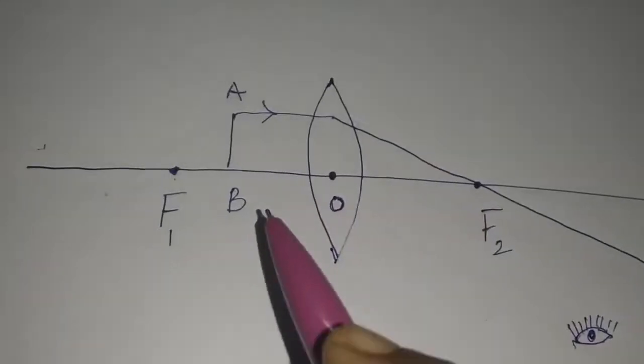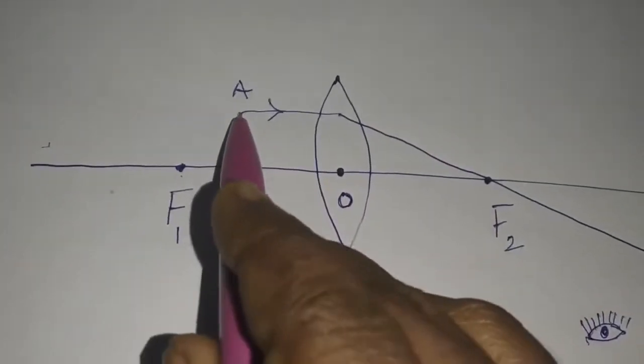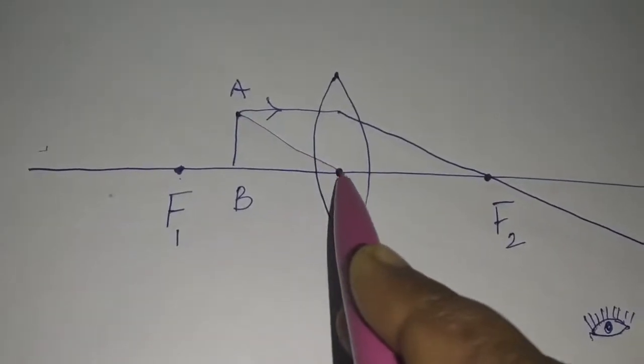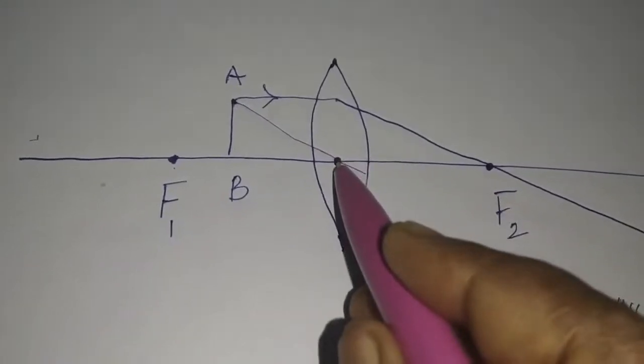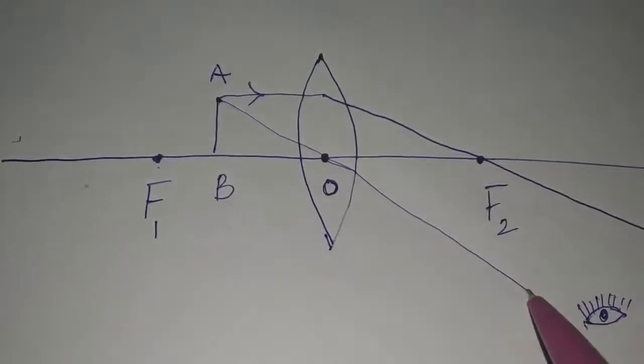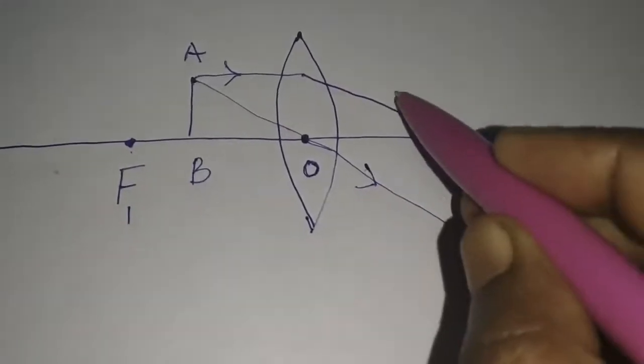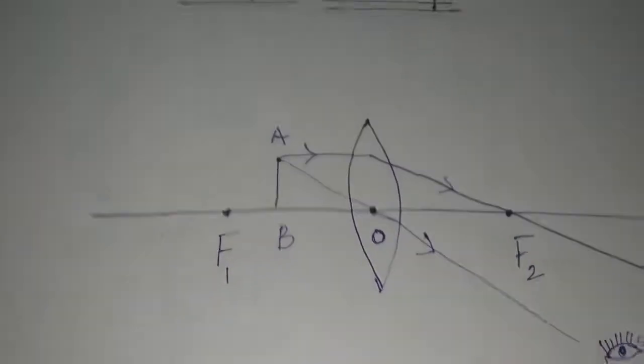Another rule: the ray which comes through the optic center continues without any deviation. These are the two rules for image formation.